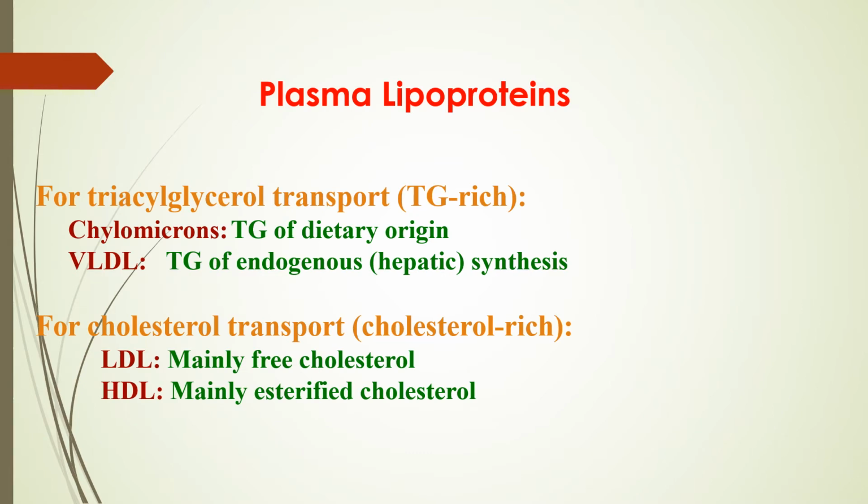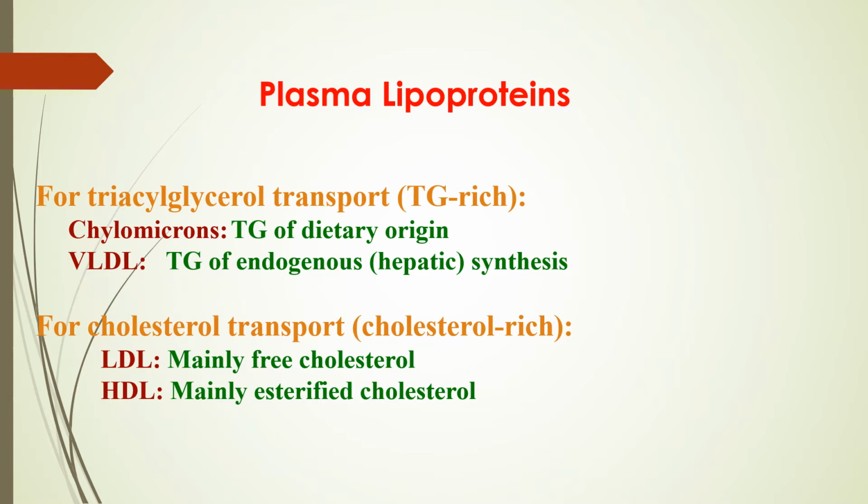The plasma lipoproteins. As mentioned earlier, plasma lipoproteins serve as transport molecules for lipids, and we have two types. The triglyceride-rich type for the transport of triacylglycerols and include chylomicrons, responsible for transporting triglycerides of dietary origin.